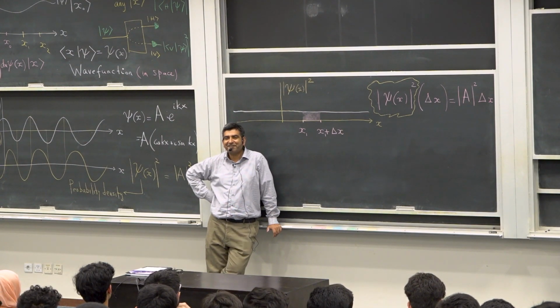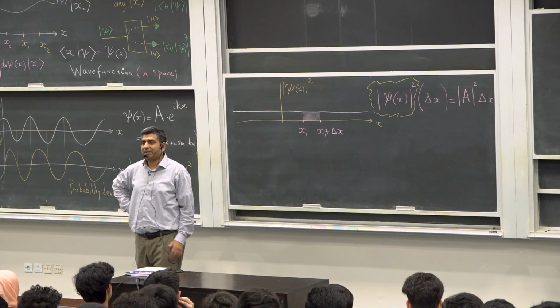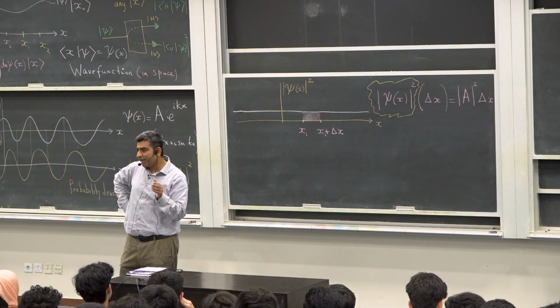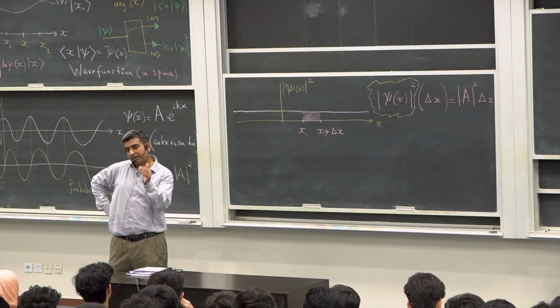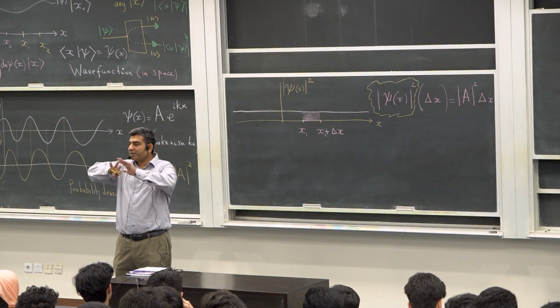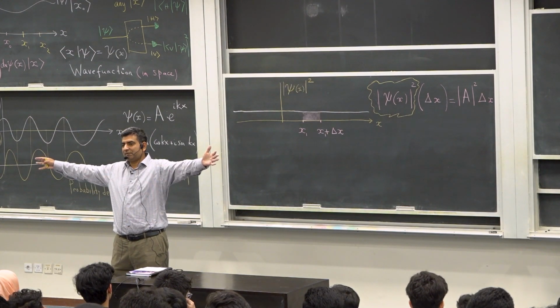Or a better semantics would be, it's everywhere. You do a measurement, it can be found anywhere, but it will be found at one point in space. So this is just like a big wave, a ubiquitous wave that is spread out in space.